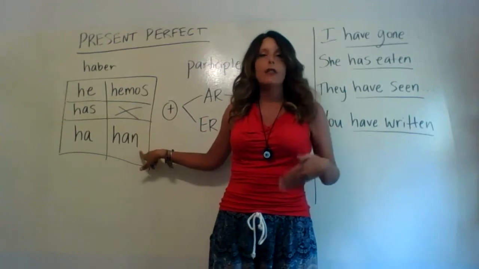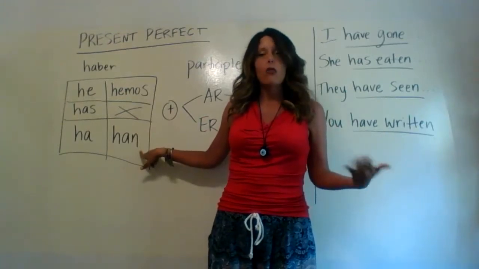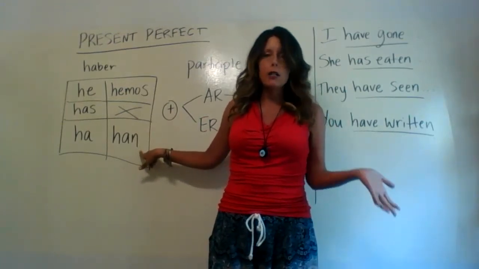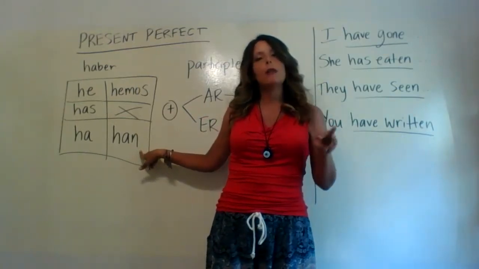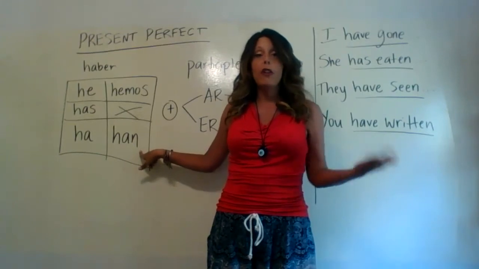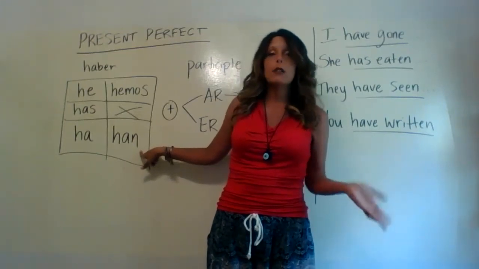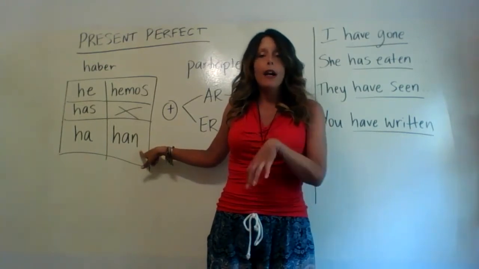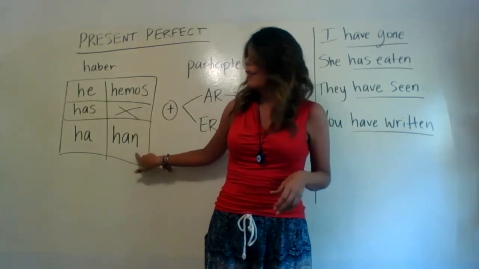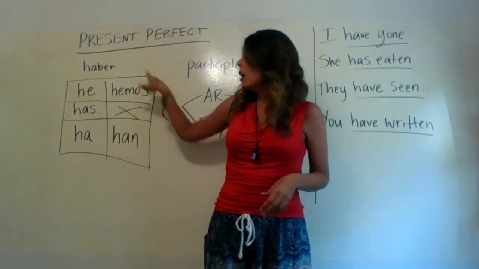And then ellos, ellas, meaning they, ustedes, meaning you guys, you all, you plural, or two subjects. So it could be los profesores, los estudiantes, two or more, or maybe Mario y Julia: han. So that is our helping verb.